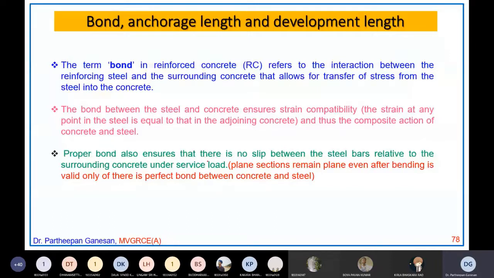Because many times in our strain diagram, we draw it like this, 0.0035 here, and here are the steel values. This is epsilon y, this is 0.0035, and in between there is a linear variation. This linear variation is only possible when there is a proper bond between concrete and steel.